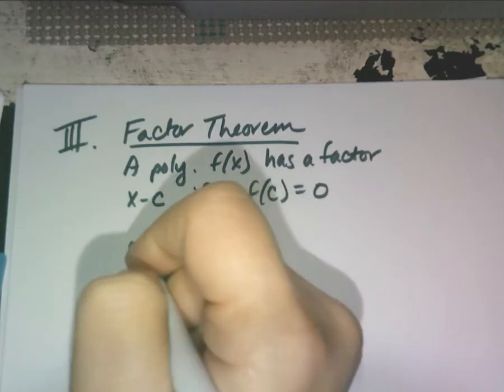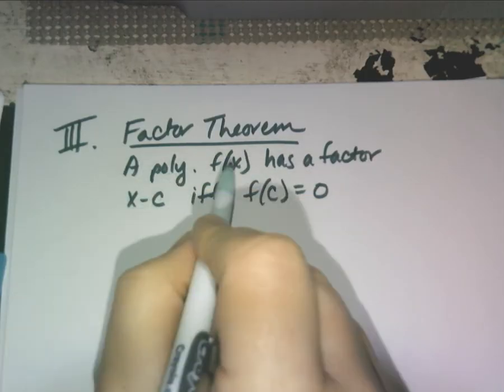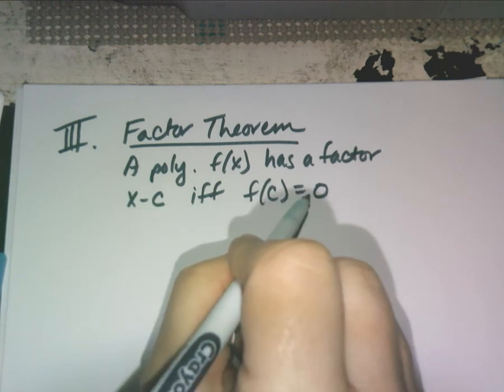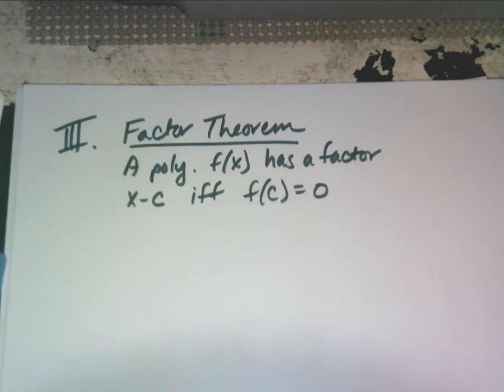Excellent. So let's talk about this idea of when a polynomial f of x has a factor x minus c if and only if f of c equals 0. What does that mean?